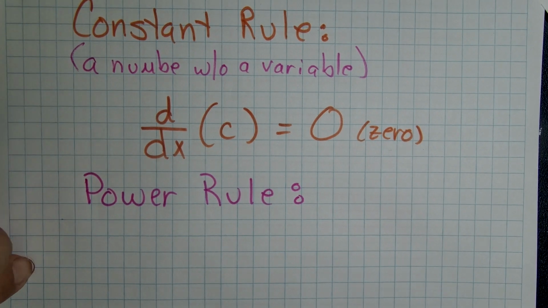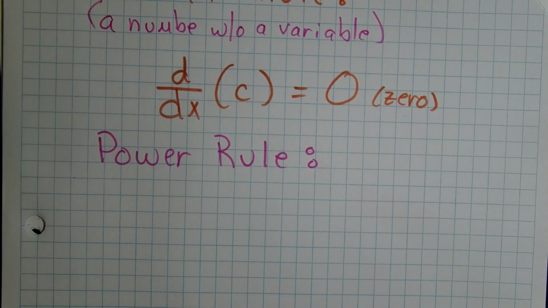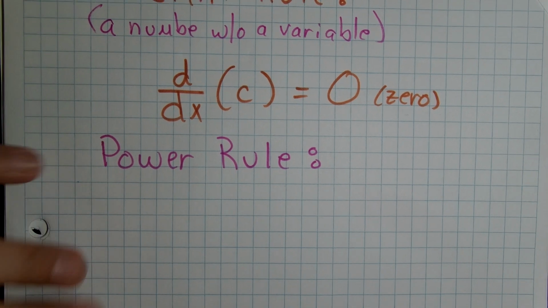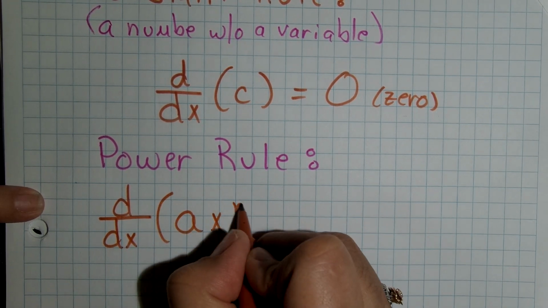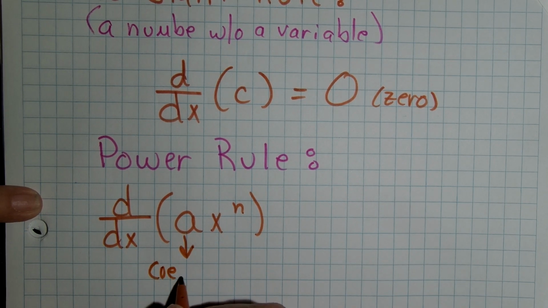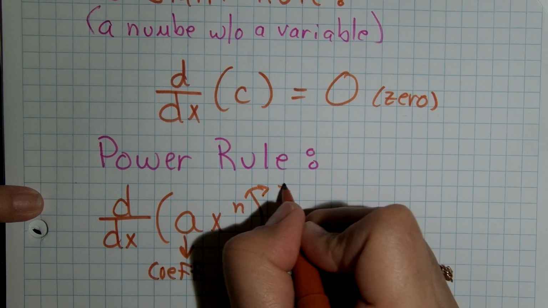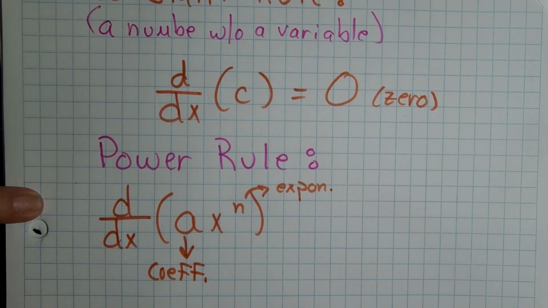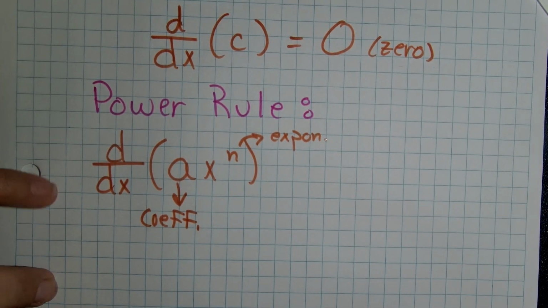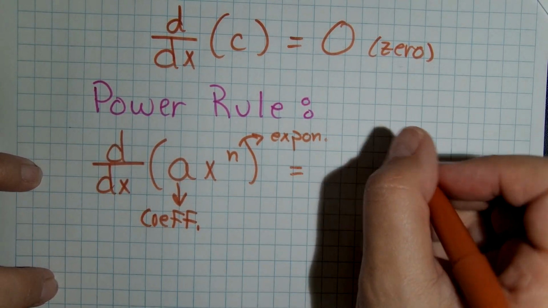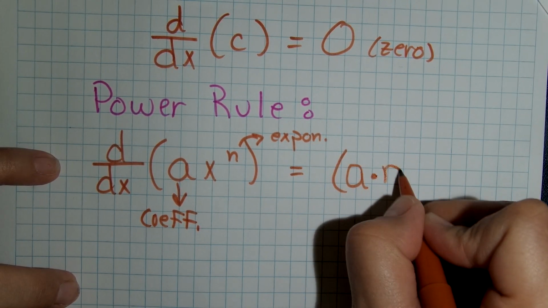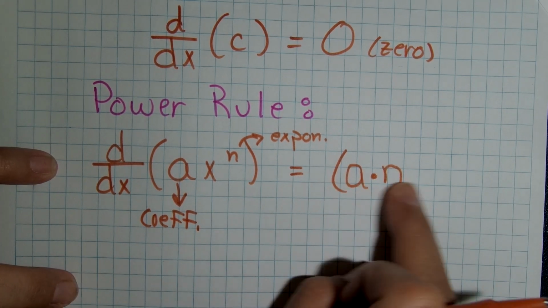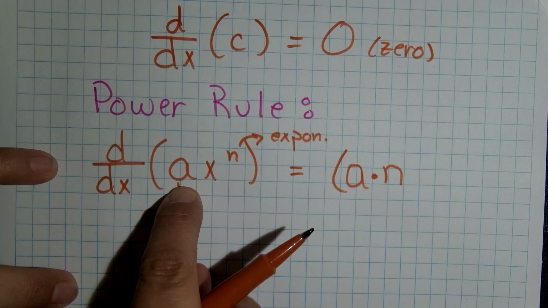Okay. The next rule is the rule that we will be using the most. It's called the power rule. The power rule is derived from the patterns we saw in the difference quotient. So if I'm looking for the derivative of ax to the n, where a is a coefficient and n is an exponent, the derivative rule is as follows. We multiply the coefficient.